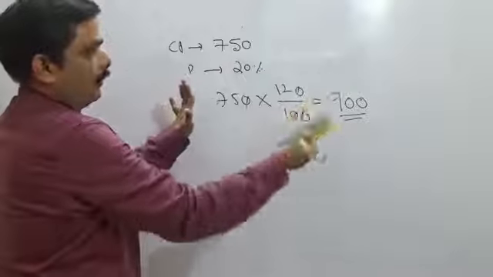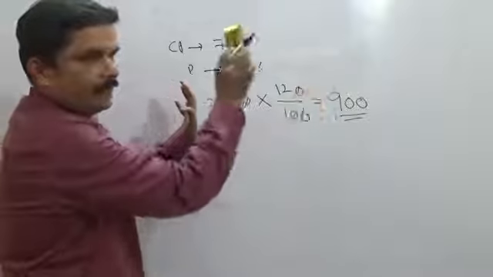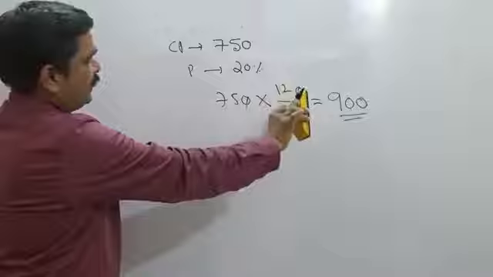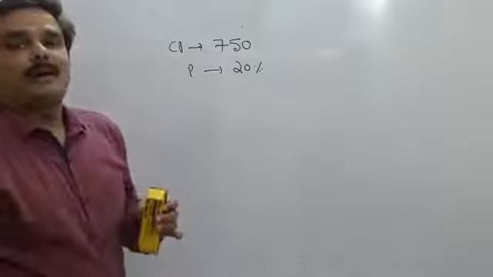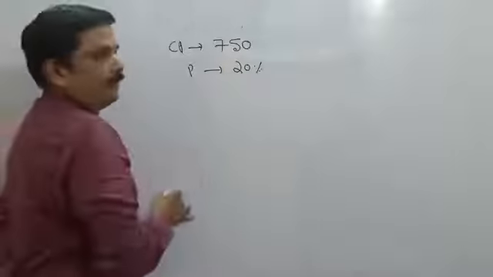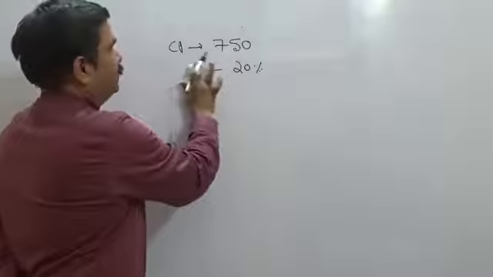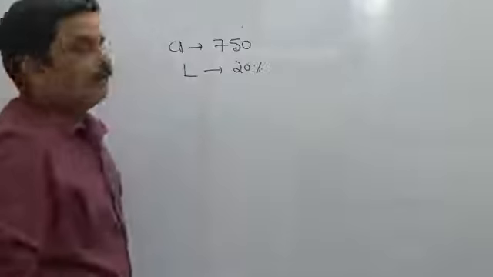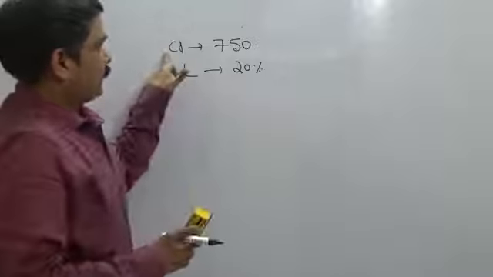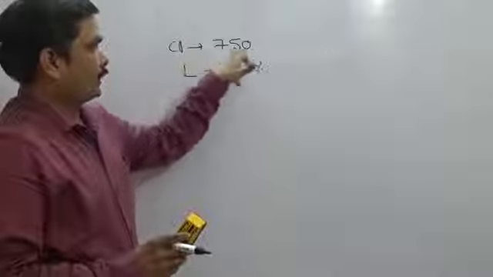Keep it the same way. How to calculate the selling price when there is a loss? Keep the same thing in this case. Now let us take the cost price as 750. Then, instead of profit, there is a loss. A trader purchased the product for 750.